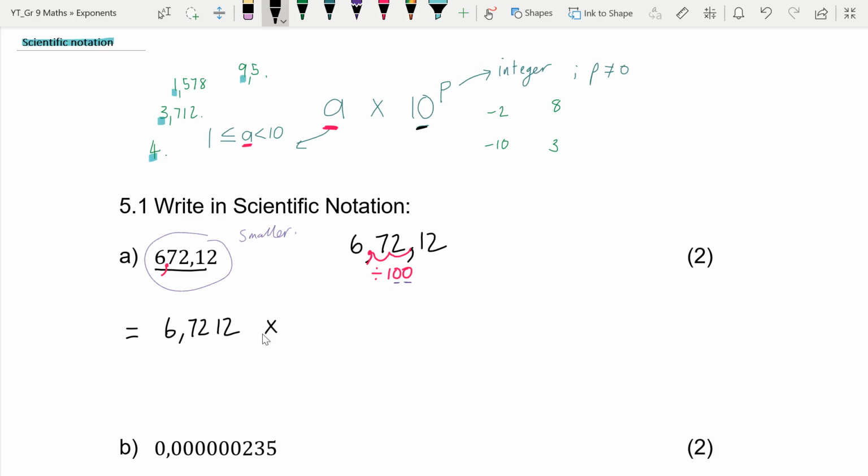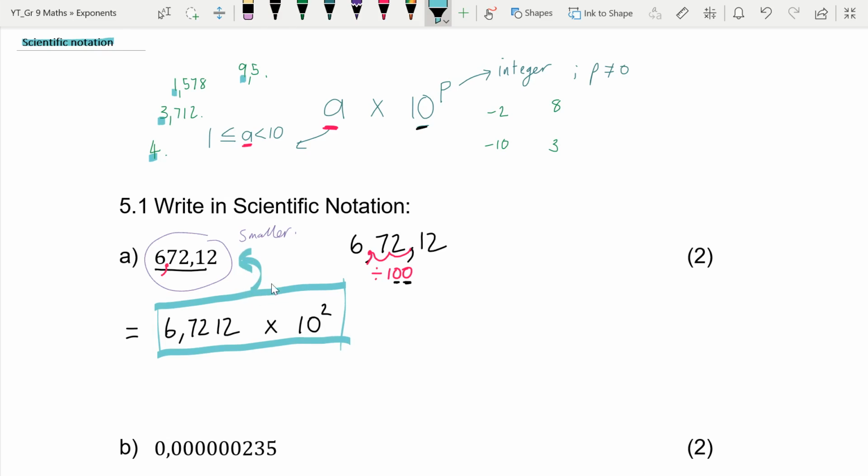It just looks different. So we multiply this by 10 to the power of, how many places did we move? 2. To the power of 2. We didn't change the sum. We're just rewriting it in a different way. This over here still has the same value as that. It's still 672,12.